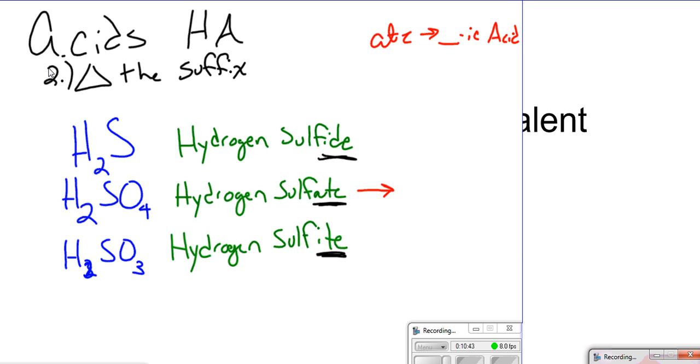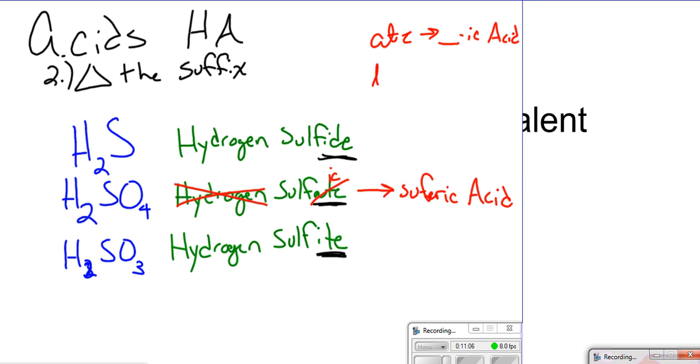You completely get rid of hydrogen, and you simply change ate to ic. So this is going to go away, and this becomes sulfuric acid. So I think I misspelled. That's a U.